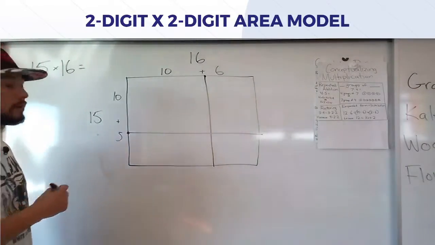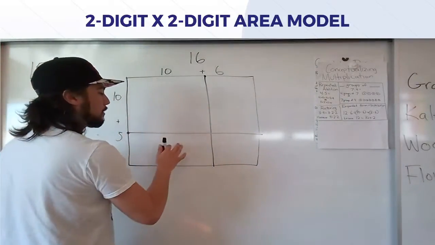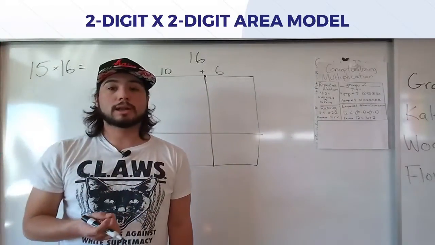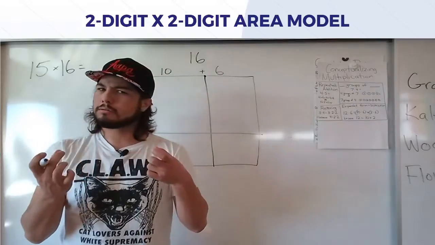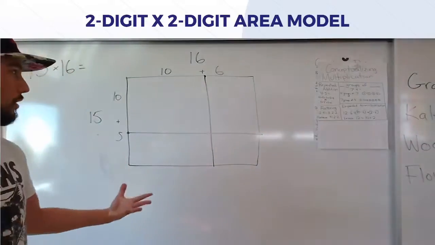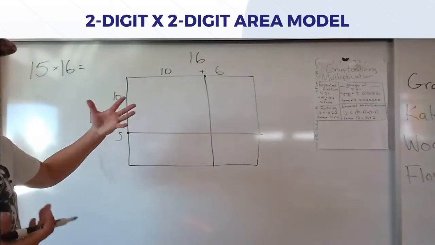Then what you are left with is 1, 2, 3, 4 partial products. And when I say partial product, I mean smaller multiplication equations that when you add them up, create one larger equation or one larger answer.